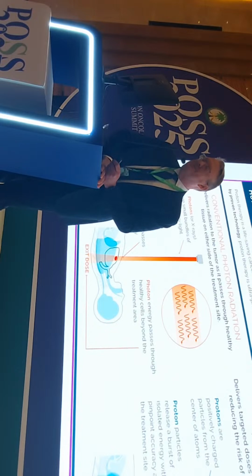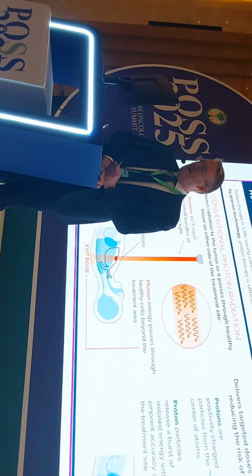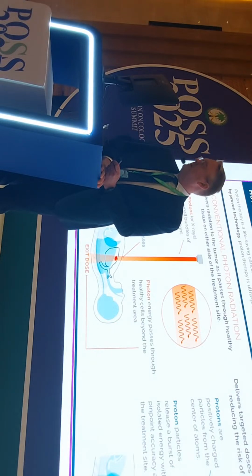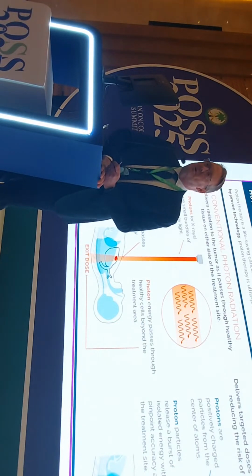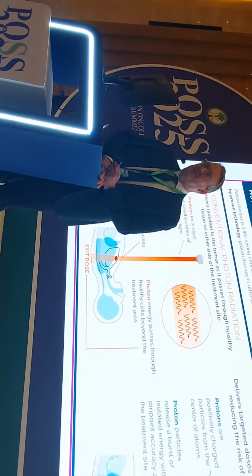It describes the difference between X-rays on your left and protons on your right. On the left, you can see in the model of the patient that X-rays go all the way through the patient. Protons can stop just behind the tumor and not penetrate through the rest of the patient. So there's an advantage to proton beam therapy, which you can see visually there.